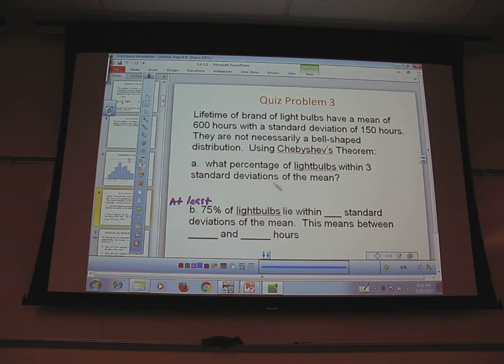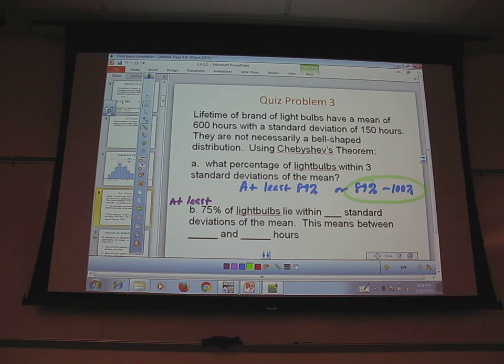Yeah, at least 89. So add in there also, at least 89%. Or you could say 89% to 100%. That works as well.